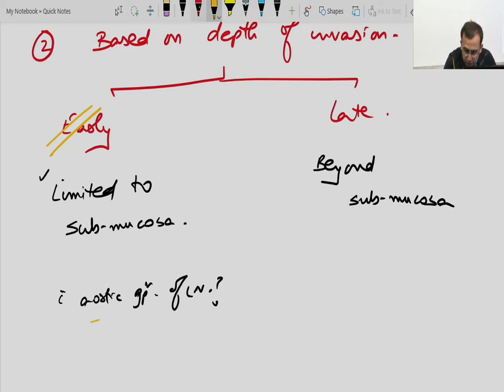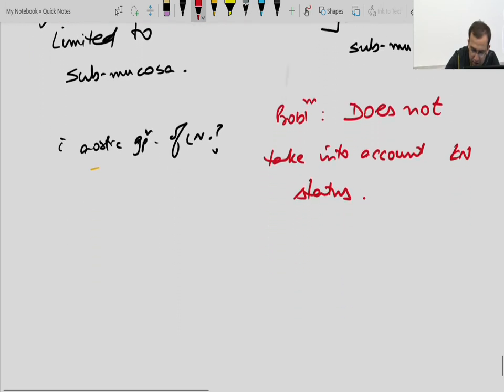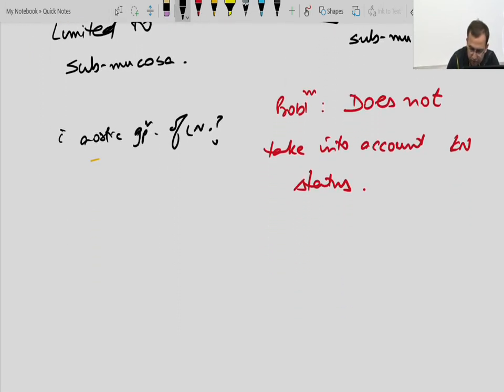The problem with this classification scheme is it does not take into account the lymph node status. So is it a good scheme or a bad scheme? It's a bad scheme. It's no longer used. So this was the second way, based on depth of invasion.